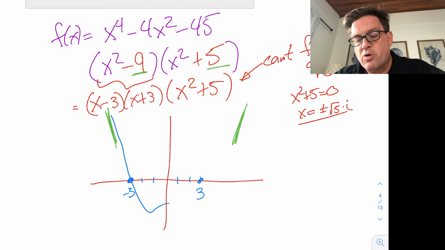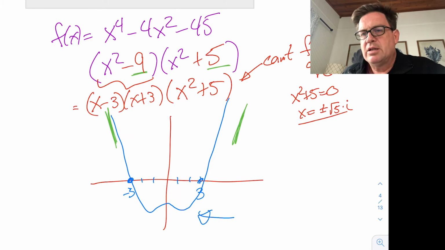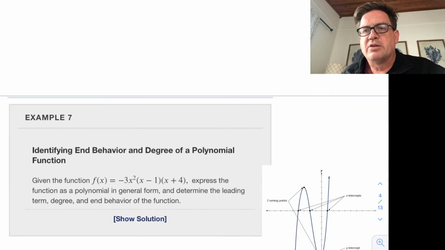If it's degree 4, it probably has an extra little bump in it that we can't really do precisely, but we can have an idea and expect some extra little thing like that to happen. And that's because it has this extra term in there that doesn't actually make it have a root in it. And I'll show you, we can play around with that on Desmos, how those work.